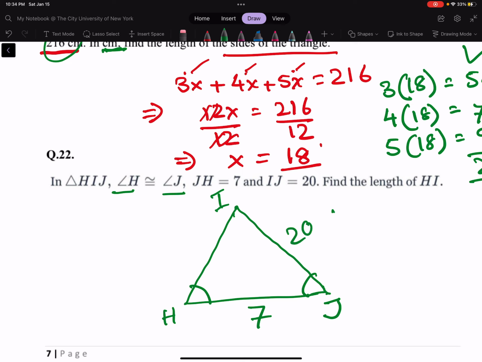Okay, so now find the length of HI. So think about that. If these two angles are congruent, their opposite sides will also be congruent. This side and this side have to be congruent. So if it is 20, this has to be 20. So the length of HI is 20. That's it.